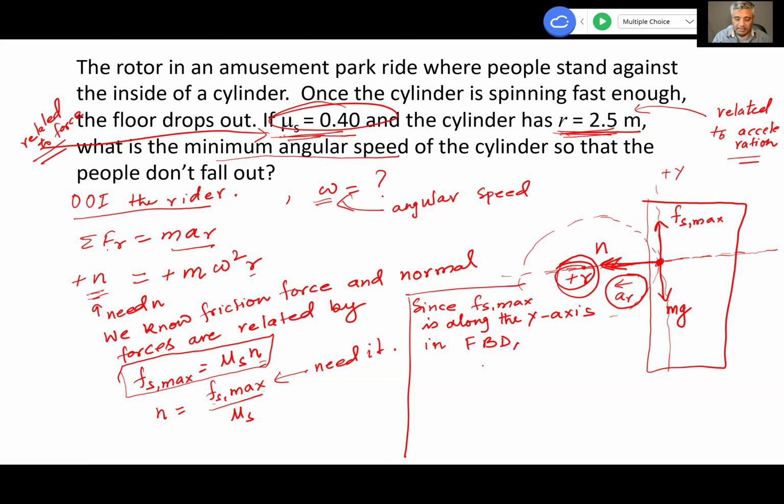Free body diagram, we use Newton's law in that direction. And we know it's not accelerating in that direction, so we can write that as 0. See, the person is not accelerating up and down, but is accelerating in the horizontal direction because the person is moving in a circle, okay?